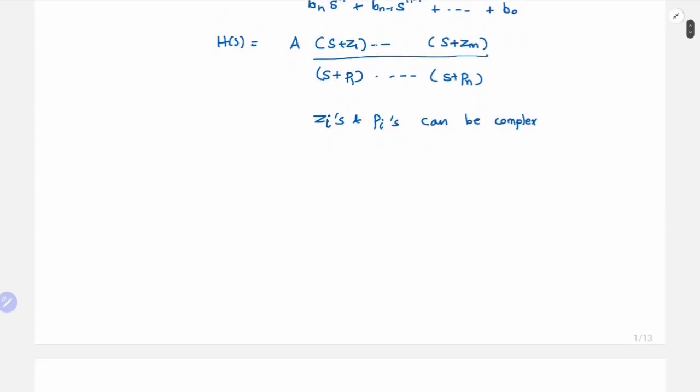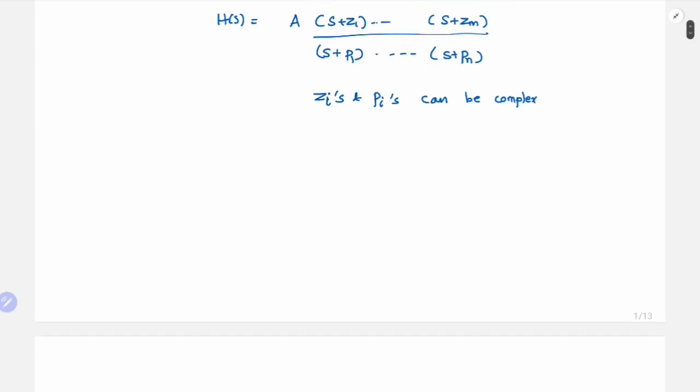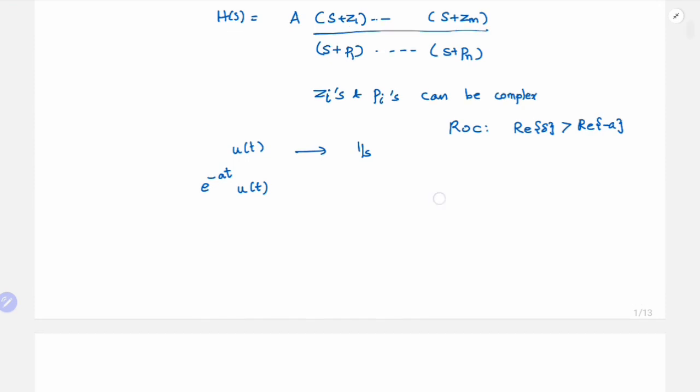Before moving on, I'll revise some of the Laplace transform pairs which will be useful. The first one is e^(-at) u(t). Of course, u(t), you know, is nothing but 1/s. I'll only write it down for the ROC such that Re(s) is greater than Re(-a), only for these cases.